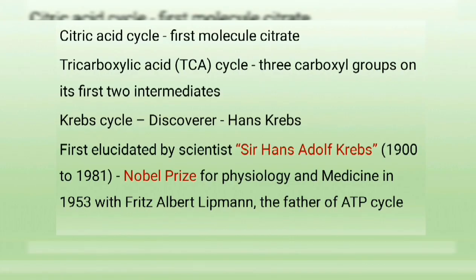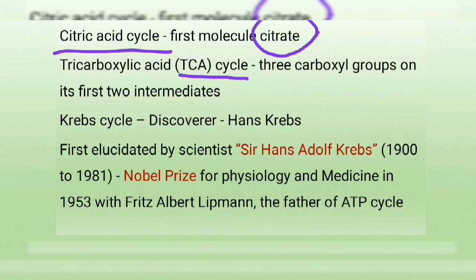Coming to the naming of the TCA cycle, it is called the citric acid cycle because of the first molecule, citrate, which enters into the reaction. It is also called the TCA cycle because of the first 2 intermediates, which have 3 carboxyl groups in the structure.